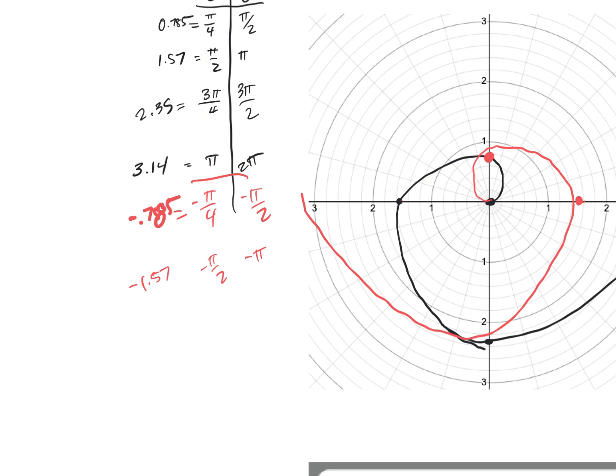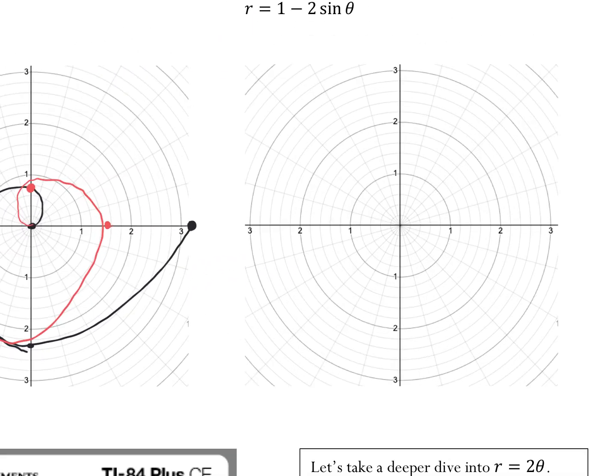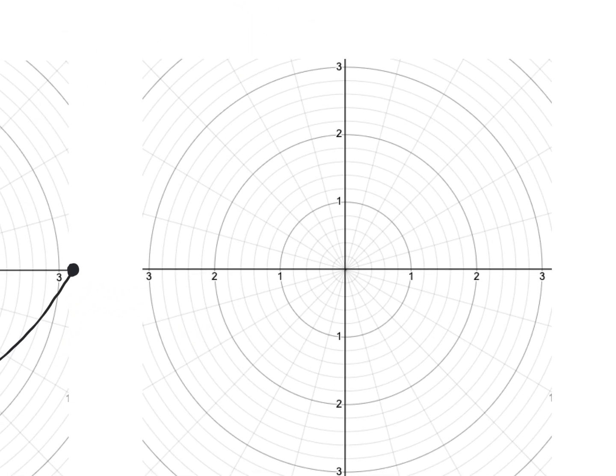All right. Lastly, I would like to graph this last one up at the top here for today, and then we'll continue tomorrow with the rest of these, okay? R equals 1 minus 2 sine theta. I'm going to go ahead and hit graph so we can get the general form of this.